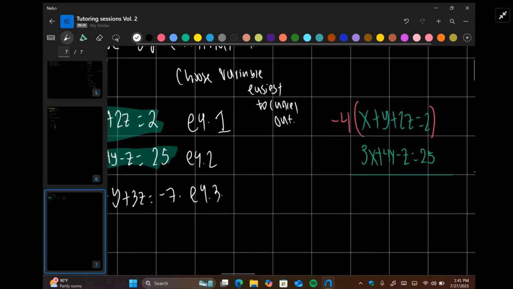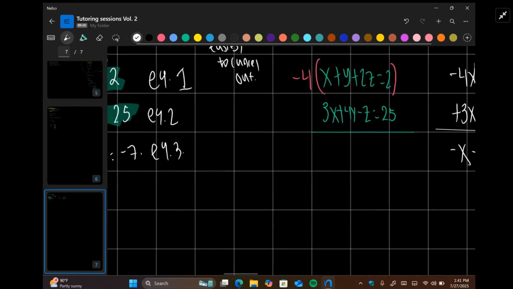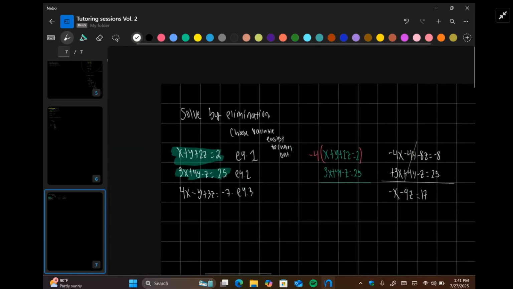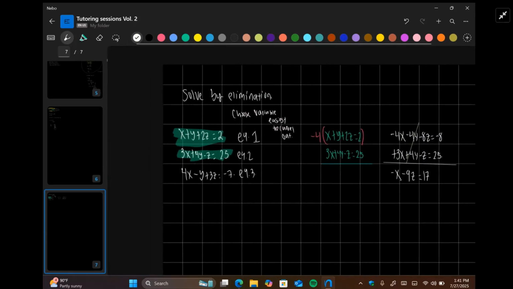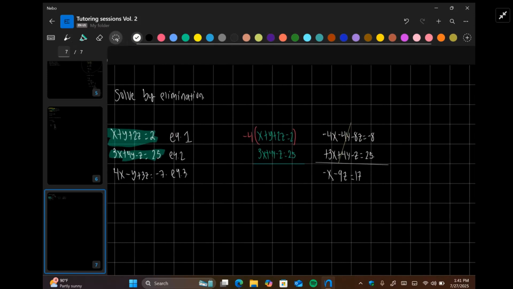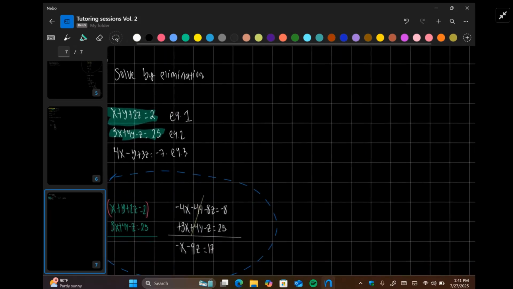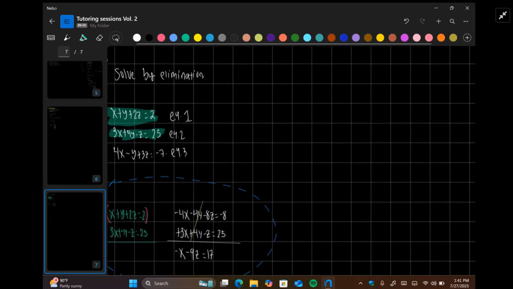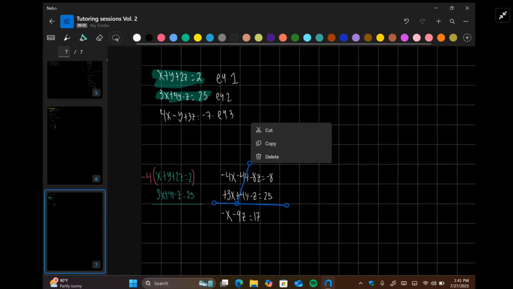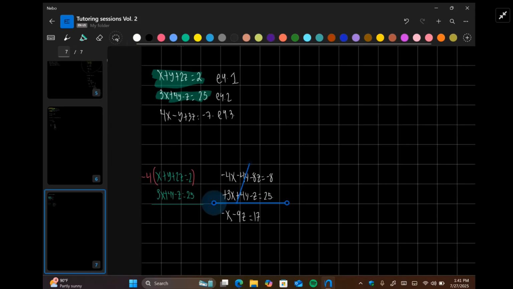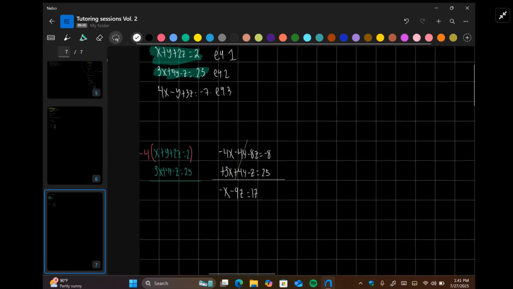So according to this, we're going to say that this is new equation 1.